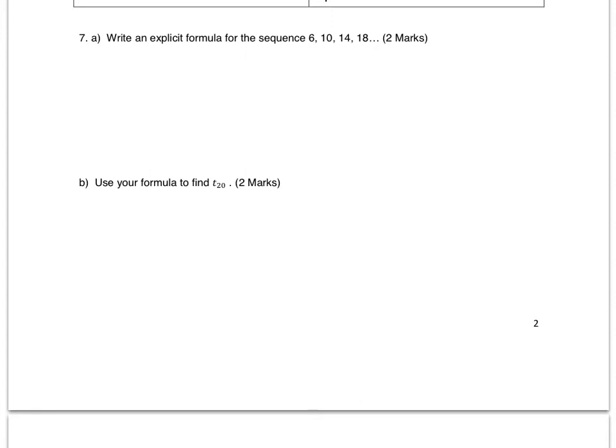So this is an arithmetic sequence with the first term a is 6, and the common difference d is 10 minus 6, which is 4. So I can write that Tn is a plus n minus 1 times d, which is 6 plus 4 times n minus 1.